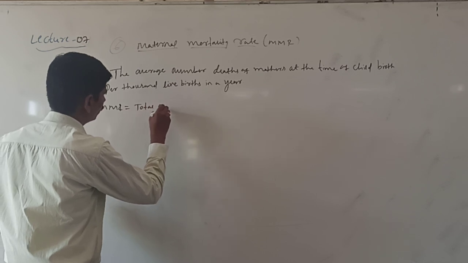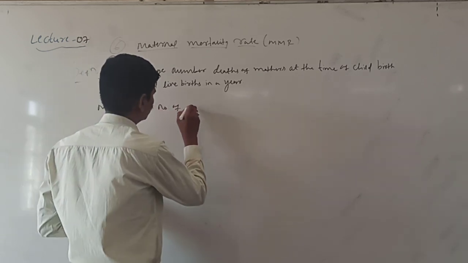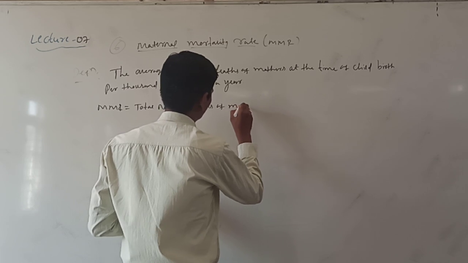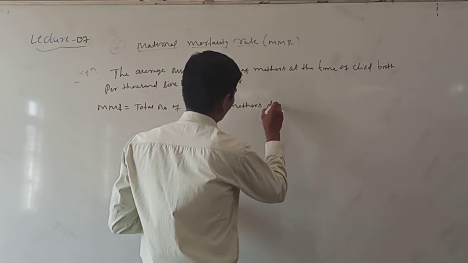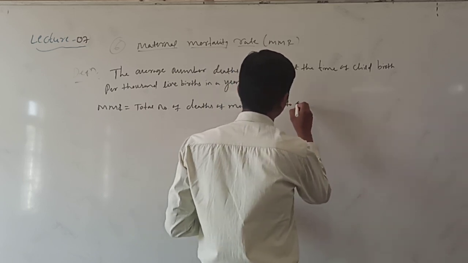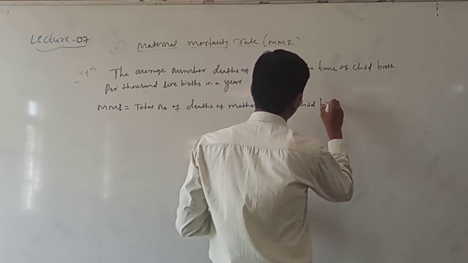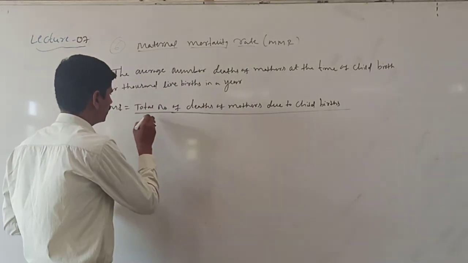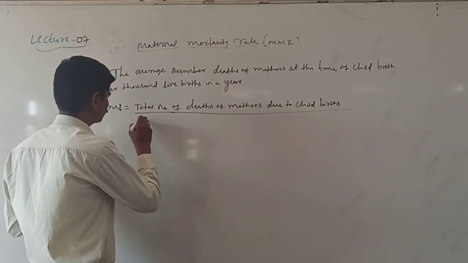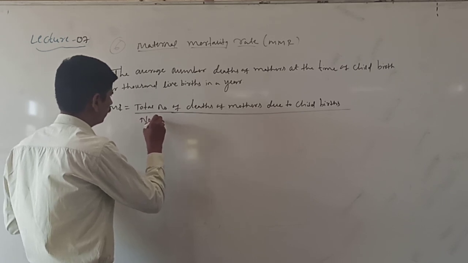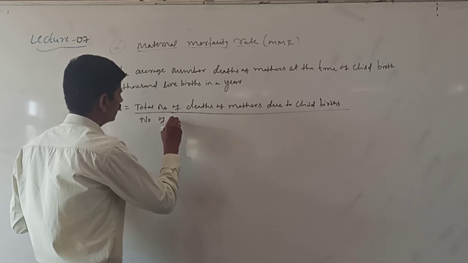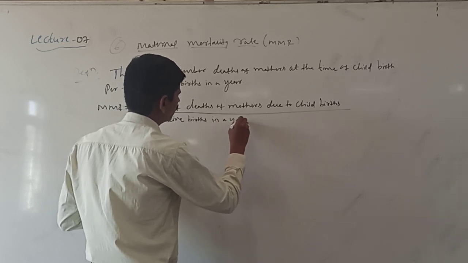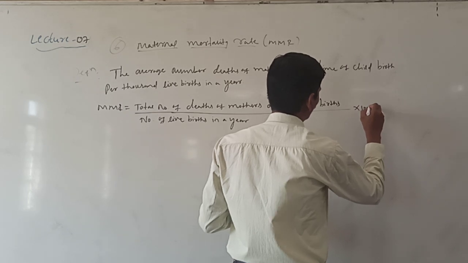MMR equals total number of deaths of mothers due to childbirth divided by number of live births in a year, into 1000.